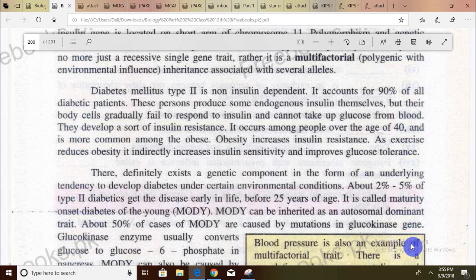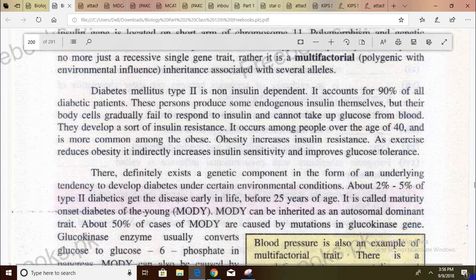50% of MODY are caused by mutations in the glucokinase gene, and we remember glucokinase from this enzyme cascade we studied in the glucose metabolism topic in homeostasis. It's sort of like attached phosphorus groups to it, I think.